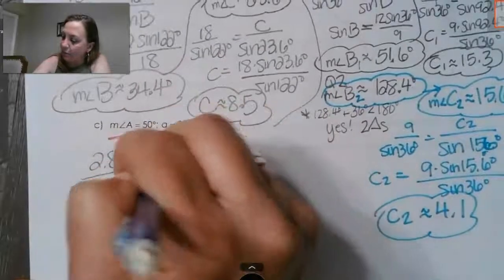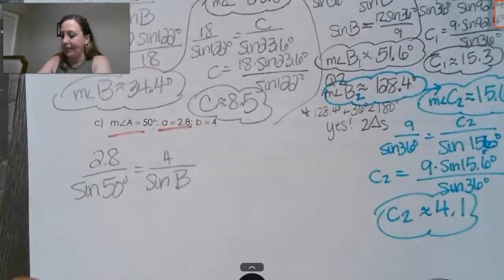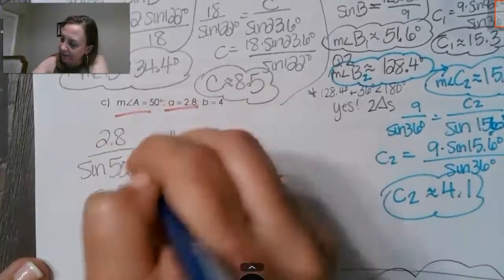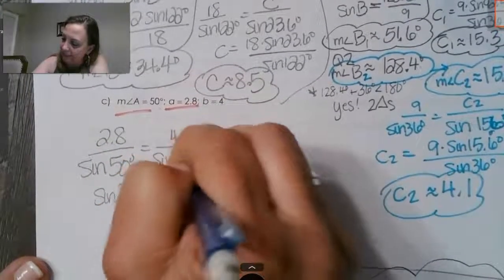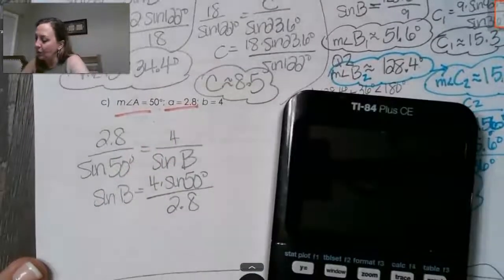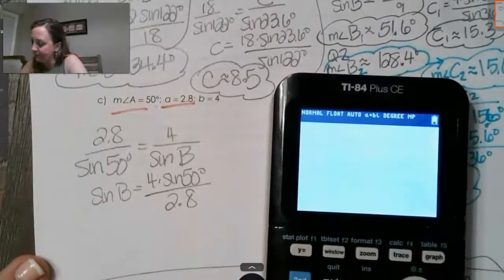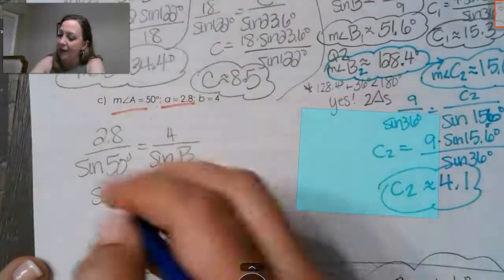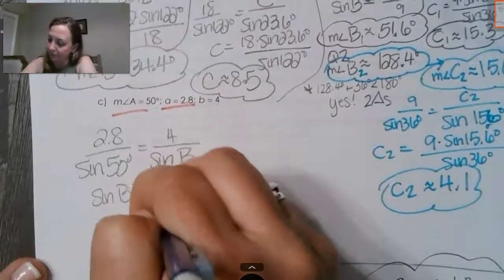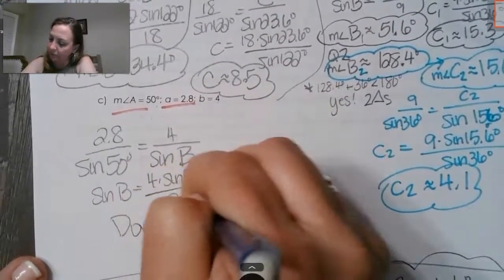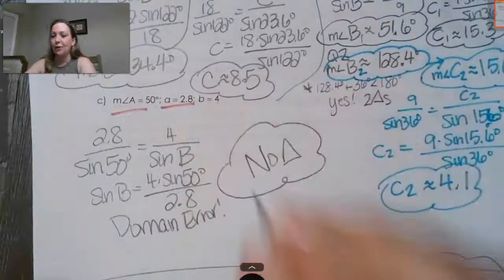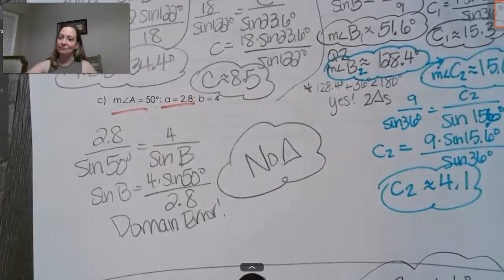That should equal 4 over the sine of B. So I'll see that the sine of B is 4 times the sine of 50 degrees over 2.8. So let's see what that gives me. Oh, I did it already. What happens is I get a domain error. And those are nice because then our answer is no triangle and we can move on with our day.